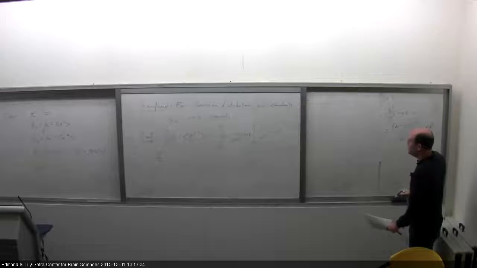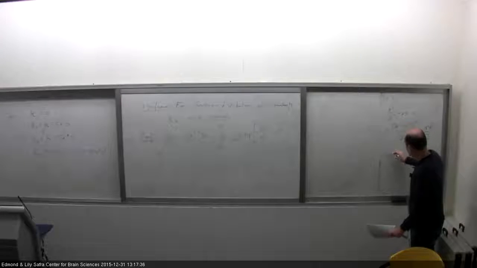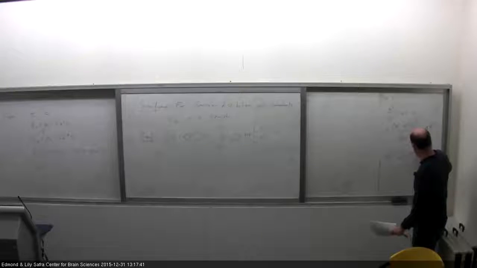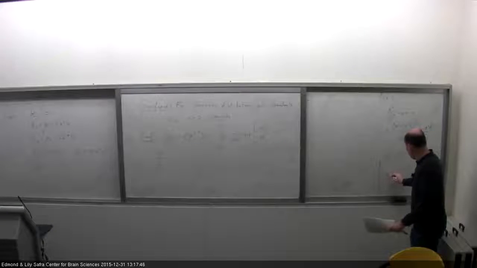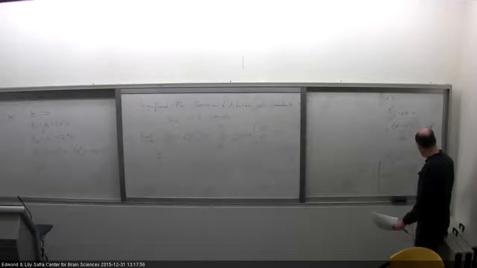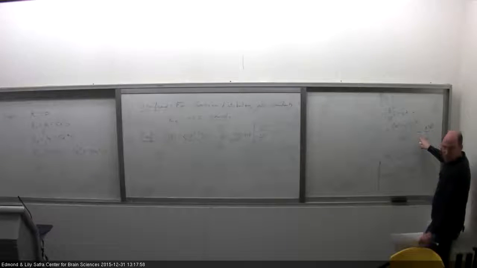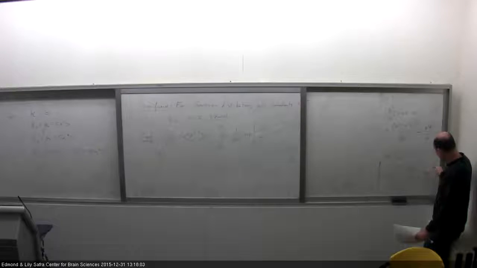Why is this good? Because now it means that the exponent of minus x squared over 2 sigma squared plus xt, which is what we have here, is the exponent of minus x minus sigma squared t, squared, divided by 2 sigma squared, times the exponent of minus sigma squared t squared over 2.